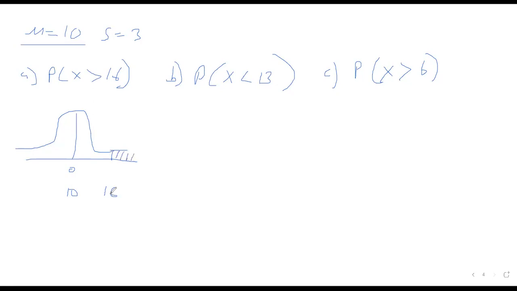But we don't know what this 16 is. We need to convert it to a Z that we read from the table. So how to convert to Z? Z is equal to X minus mu over the standard deviation.